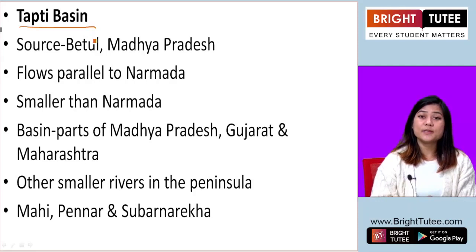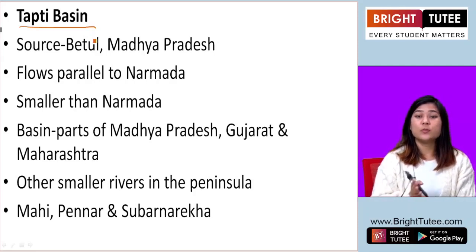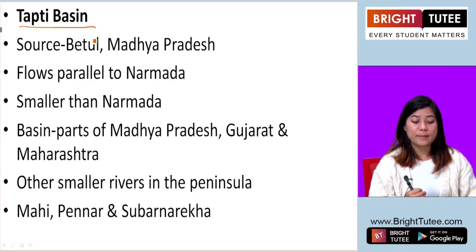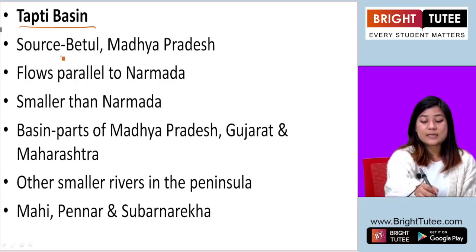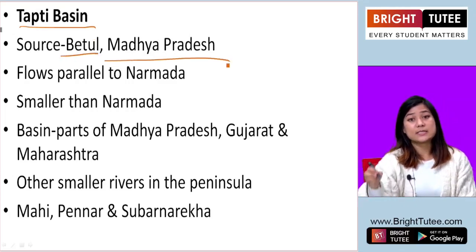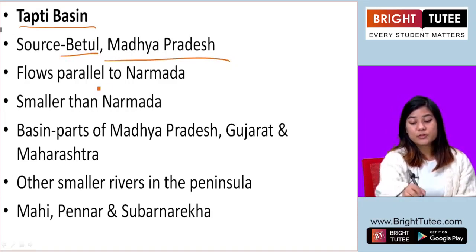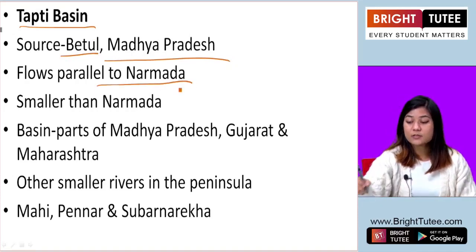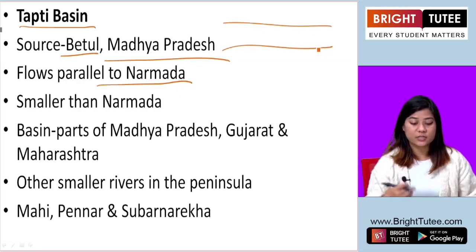Now the next one that we are going to look at is Tapti Basin. We know that Narmada and Tapti are the only two long rivers which flow towards the west in the peninsular part of India. The source of Tapti river is in Betul, which is in the state of Madhya Pradesh. It flows parallel to the river Narmada, meaning without touching or crisscrossing each other.